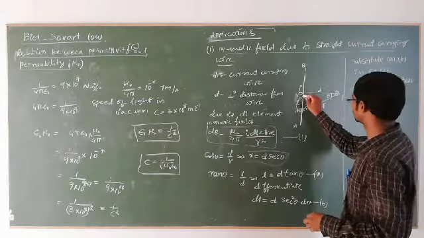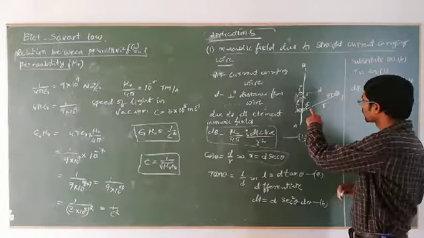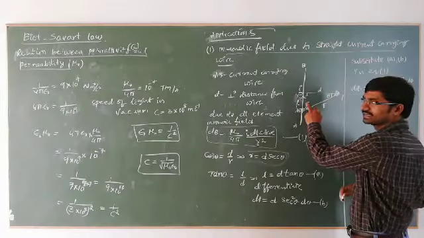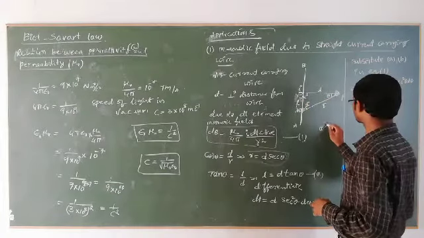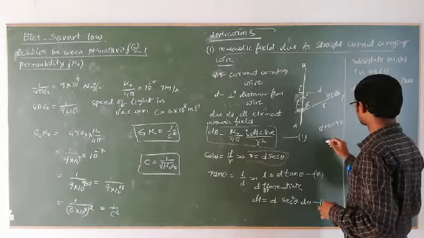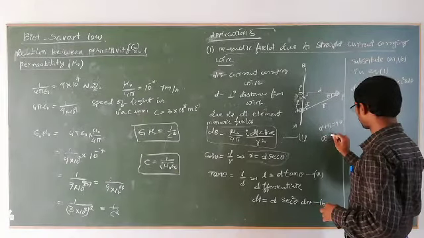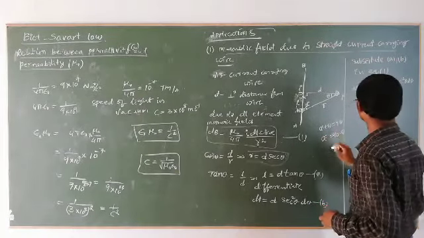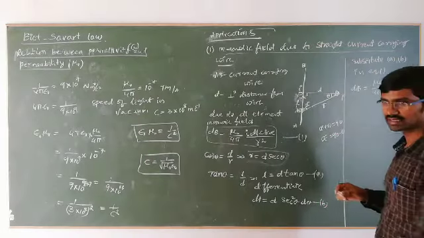Look at this one. You can see it is 90 degrees. Then alpha plus theta is equal to 90. Then alpha is 90 minus theta.